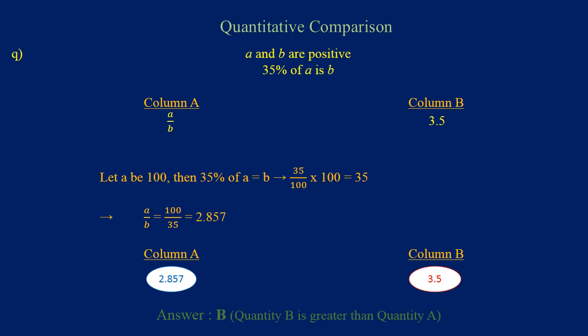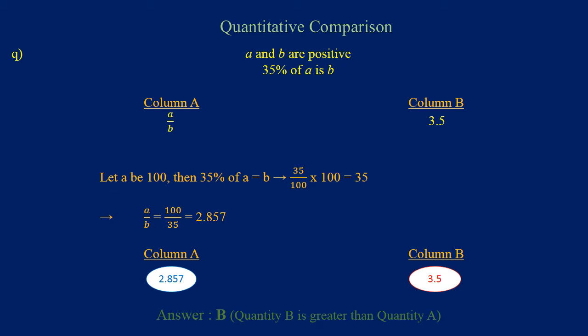But let's see what the question is asking us. Now column A says A over B, right? And column B is giving us a value which is 3.5. So we do not need to calculate anything for B. What we're going to calculate is column A, which is A over B, right?